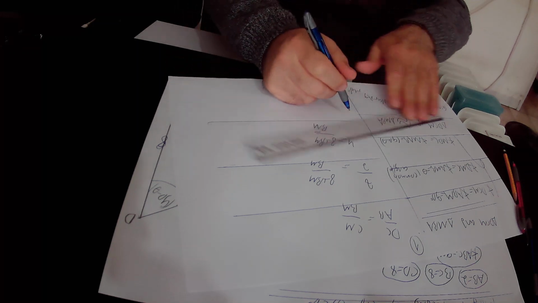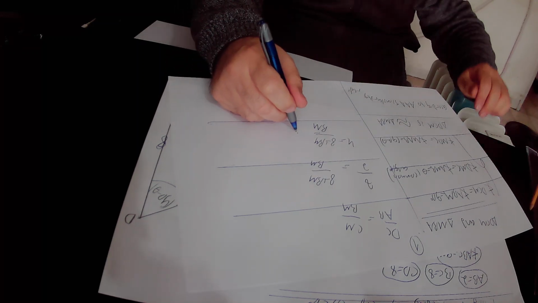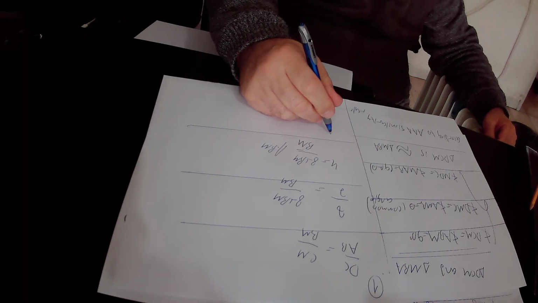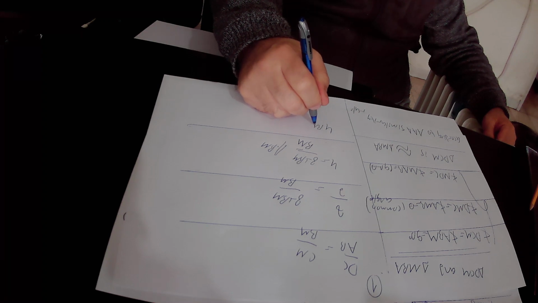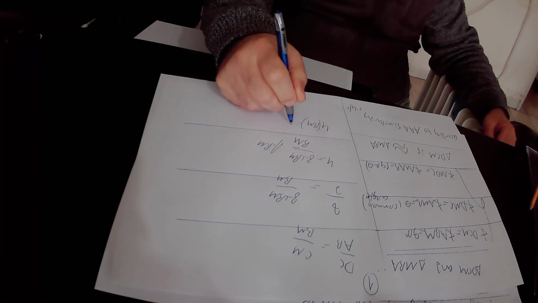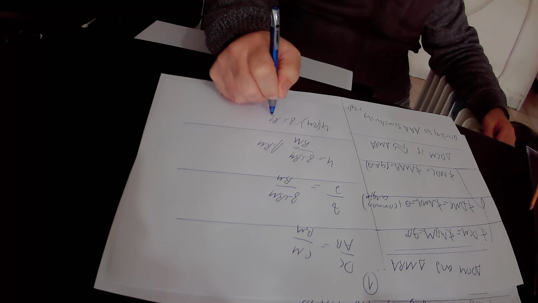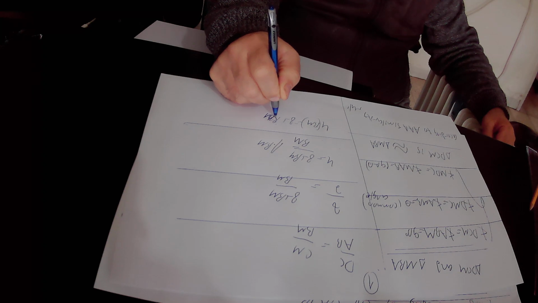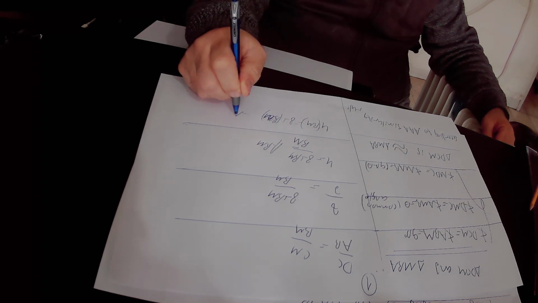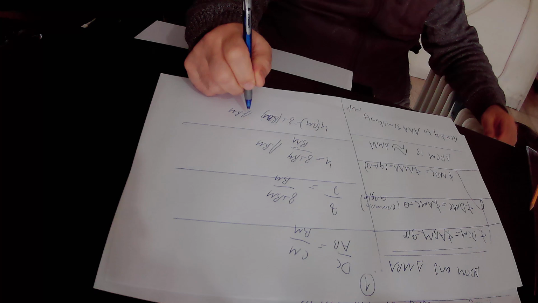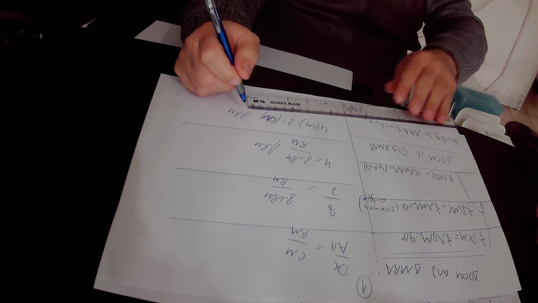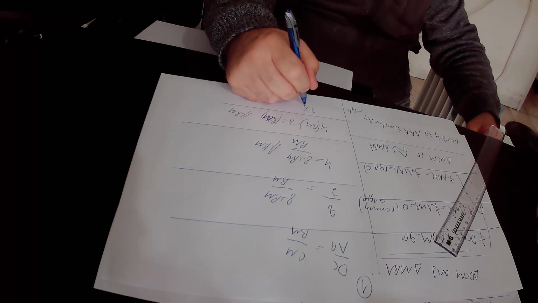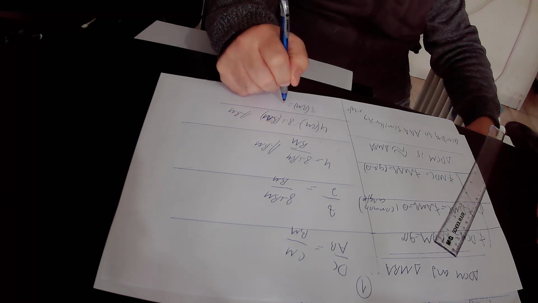Here we multiply this equation by BM, and we get that 4 times BM equals 8 plus BM. Here we subtract BM from this equation, and we get that 4 times BM minus BM is 3 times BM, so 3 times BM equals 8.